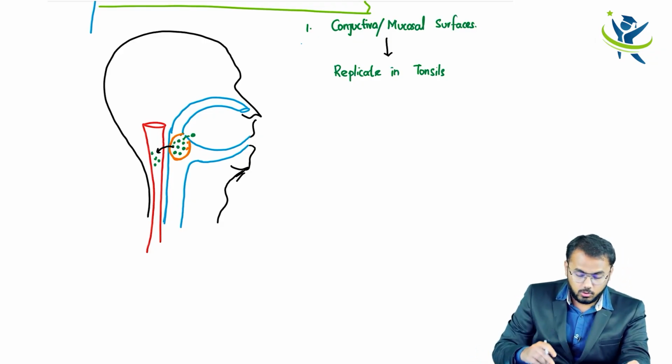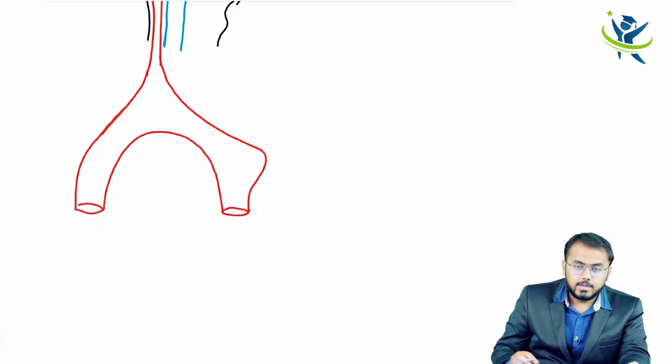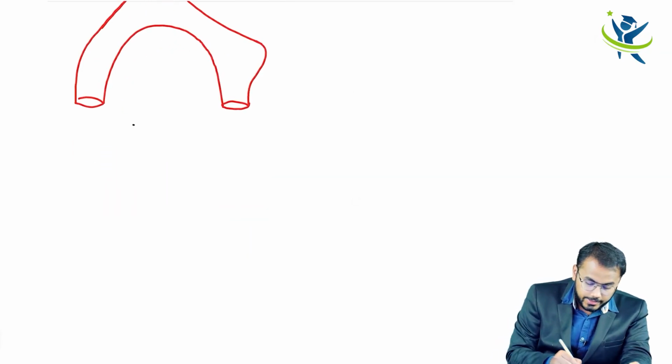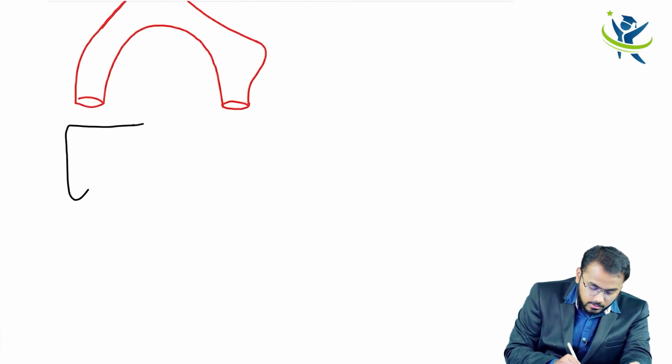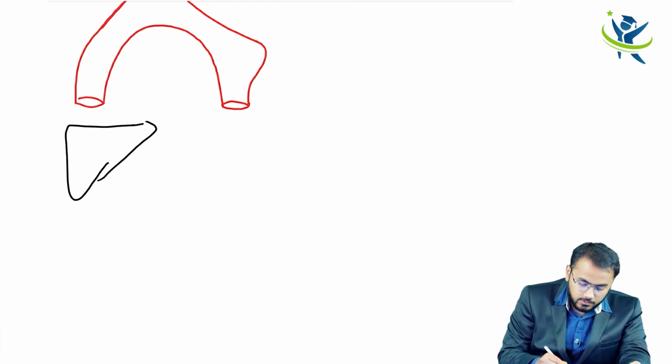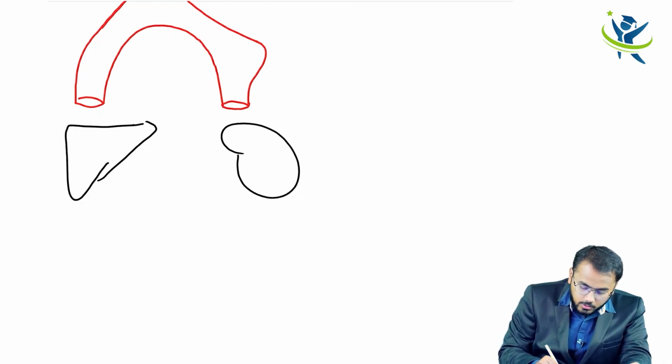Now it descends down all the way. Look here. Let me enlarge this blood vessel over here. It descends down all the way, and look here, you have got your liver on the right side of your body, and on the left side of your body, let us say, you have got your spleen.